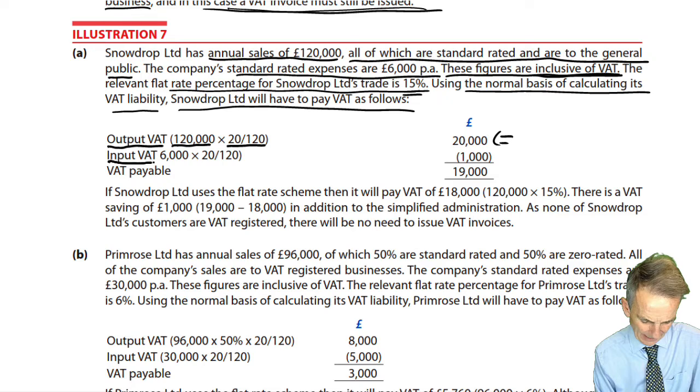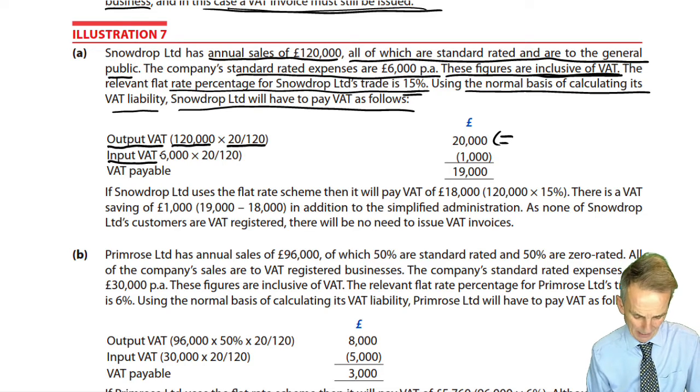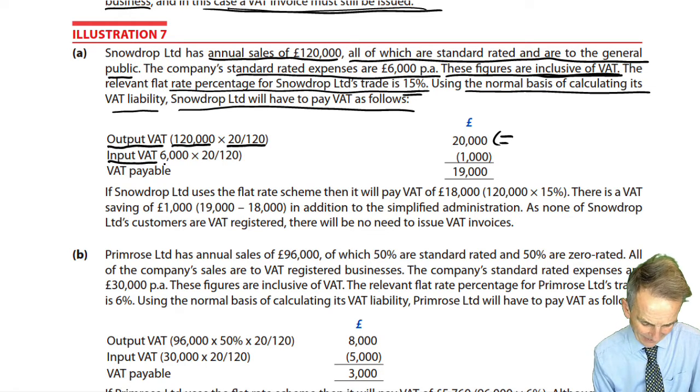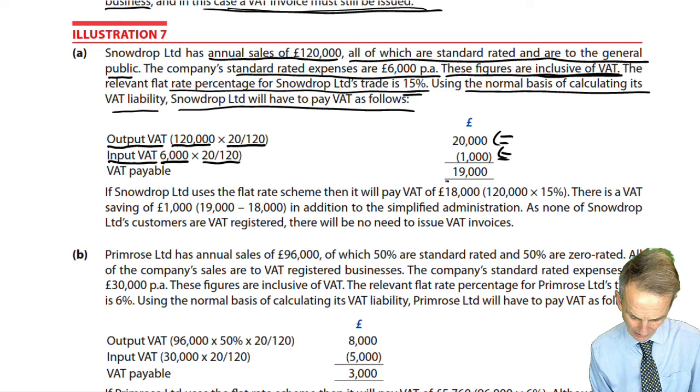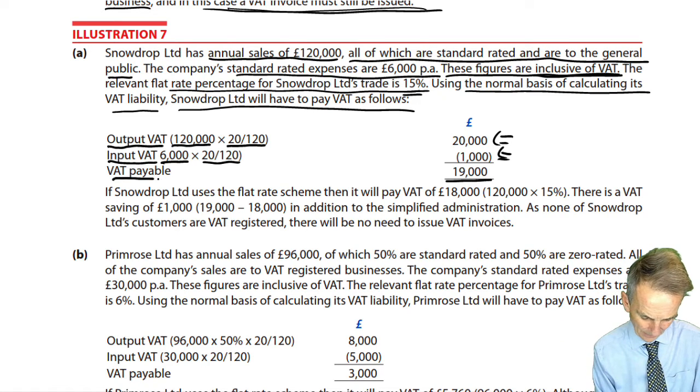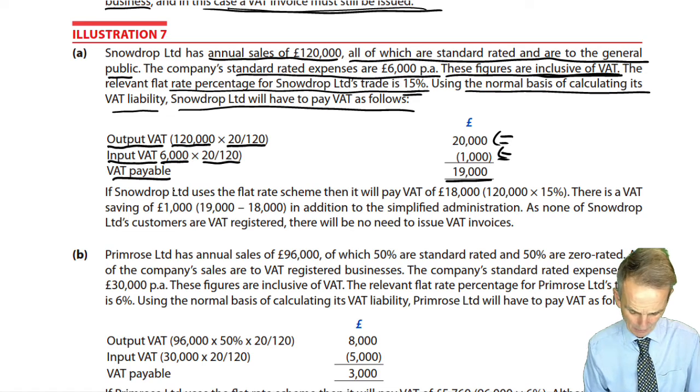As regards the input VAT on any purchases, any expenses incurred, that VAT inclusive figure was 6,000, so 21/20ths of that, 1/6 of that, is 1,000. Therefore, output VAT exceeds input VAT by £19,000. That would be the amount of VAT payable for the period.